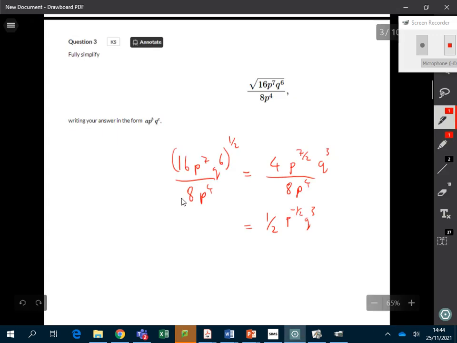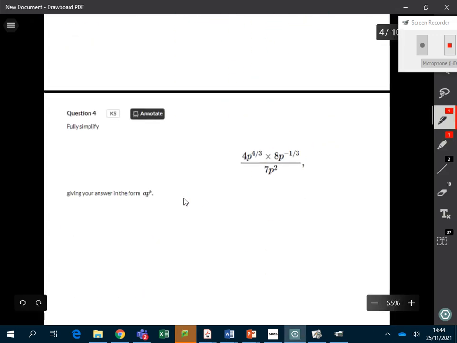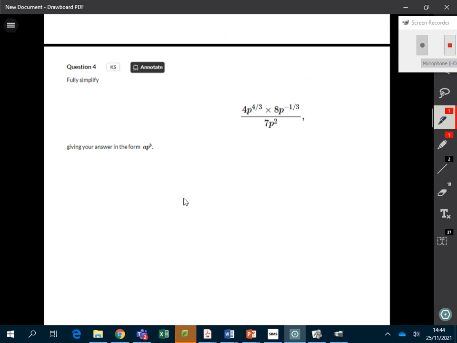Right. So moving on. Question 4. Same sort of idea. So if we do the top first of all, 4 times 8 is 32, and then p to the 4/3 times p to the minus a third. We're adding the powers. So 4/3 add minus a third is taking away a third, so that's just p to the 3/3, which is just 1.